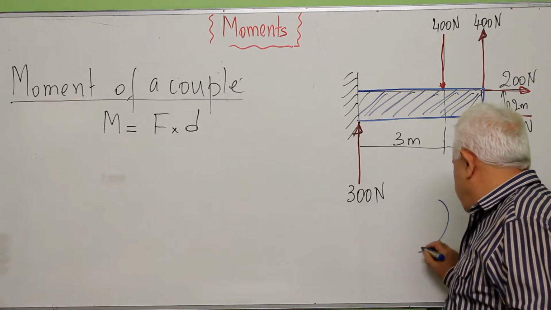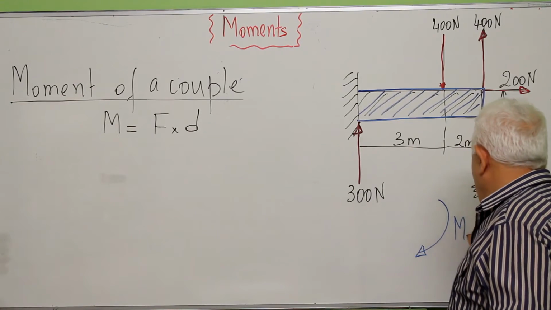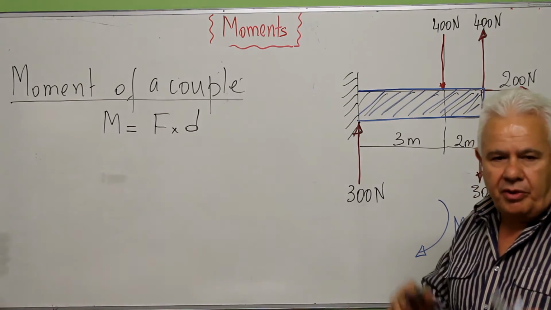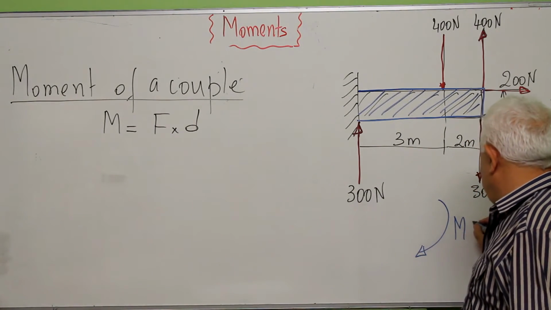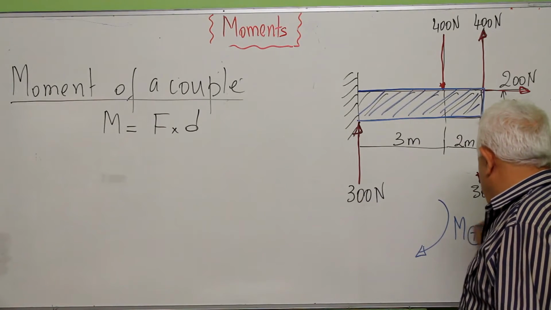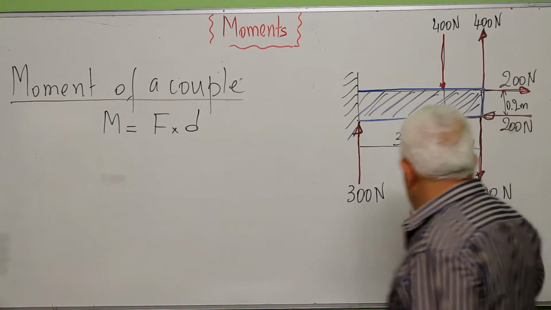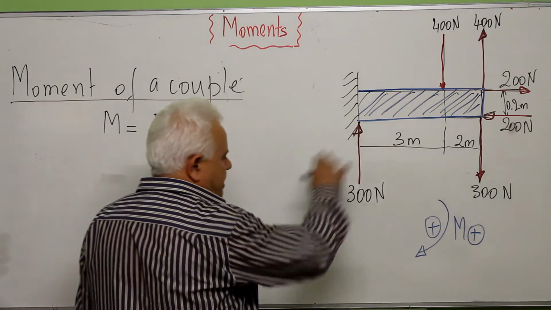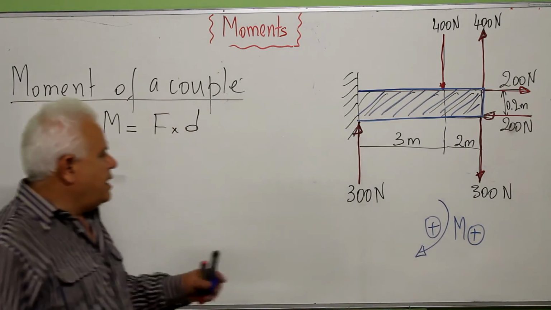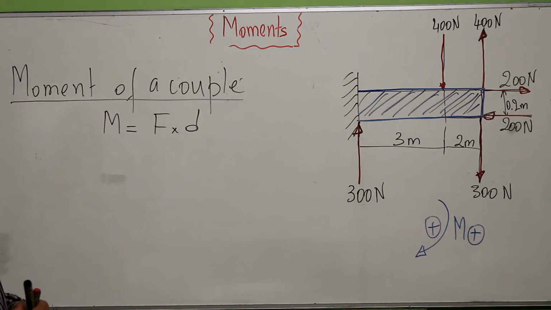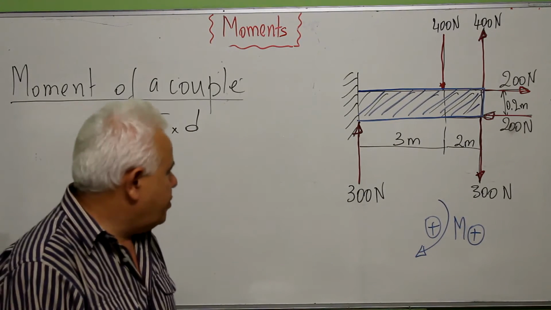For example, if I choose this one clockwise, it's arbitrary. You can choose any direction that you want, but you have to choose one. So all the couples turning clockwise have to be taken as positive.